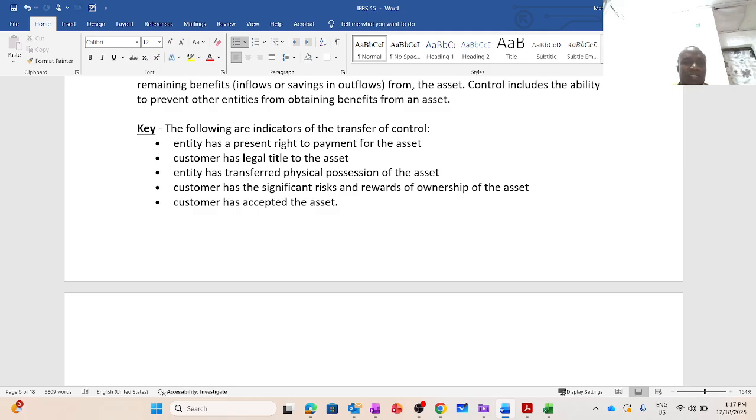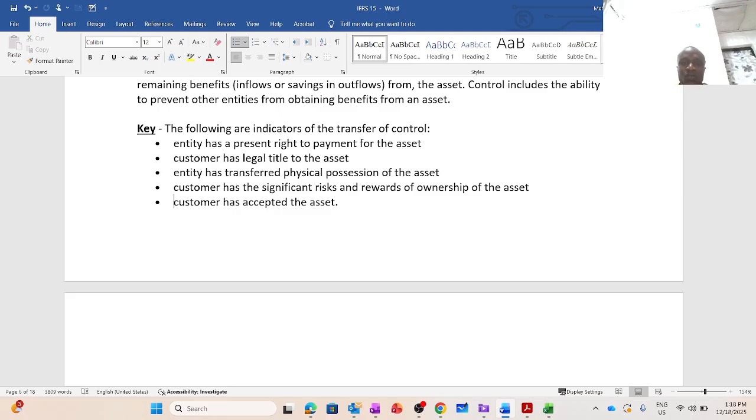So automatically, we are going to recognize revenue if there is a present right to payment for that asset. If we have transferred the control, if we have given out the asset, it is a must for the customer to pay for that particular product or service.